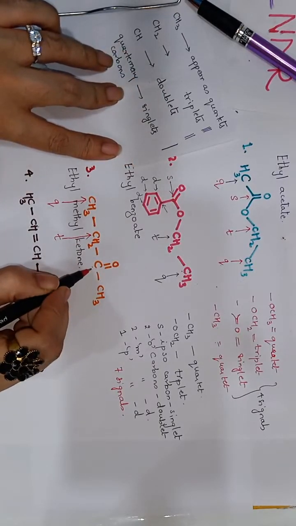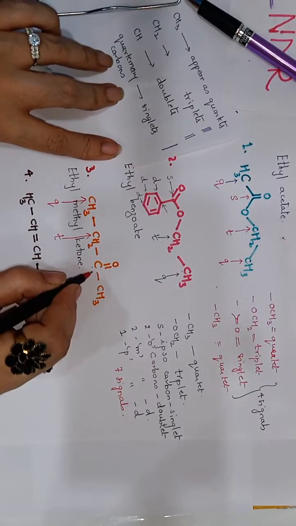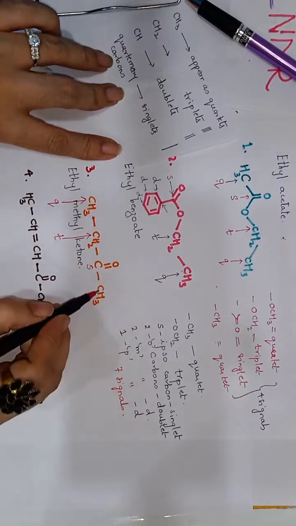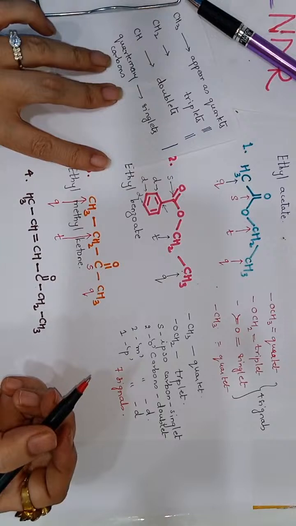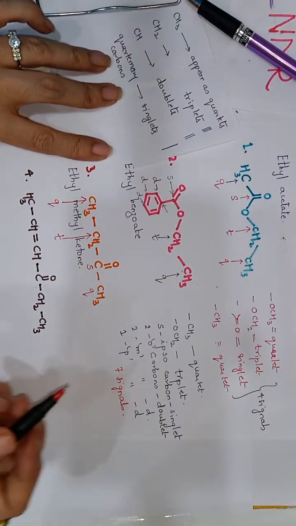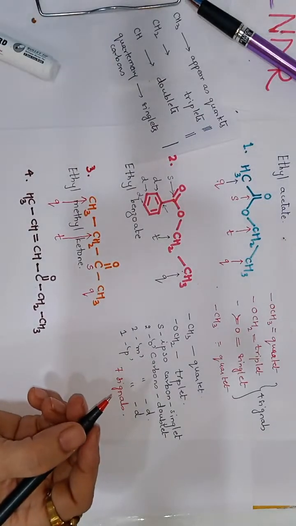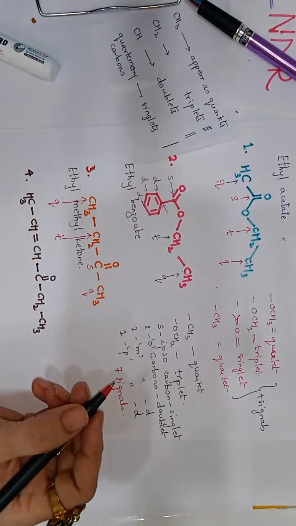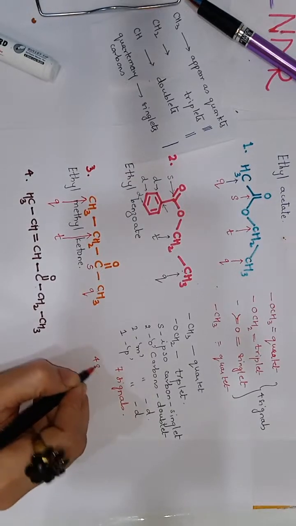C double bond O, a quaternary carbon, will appear as a singlet. Again CH3, a quartet. So in all we have 2 quartets, 1 singlet and 1 triplet. In all we have 4 signals.